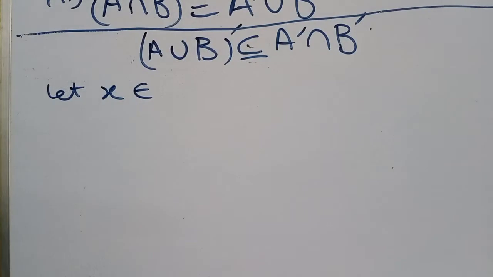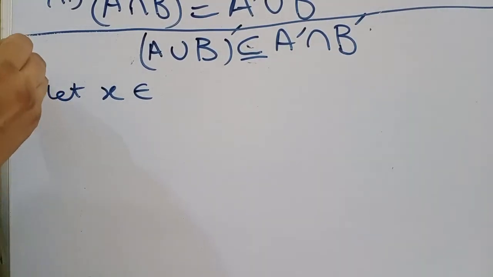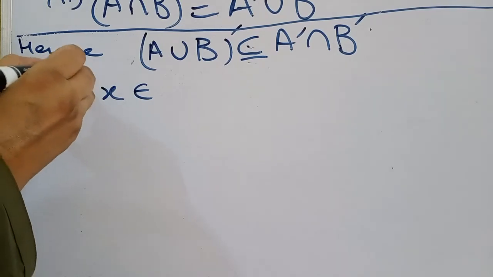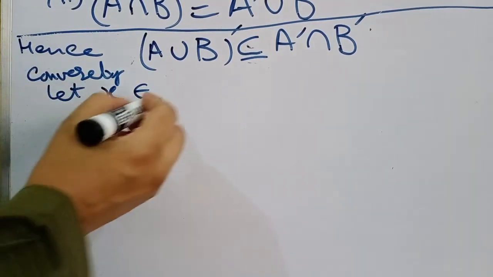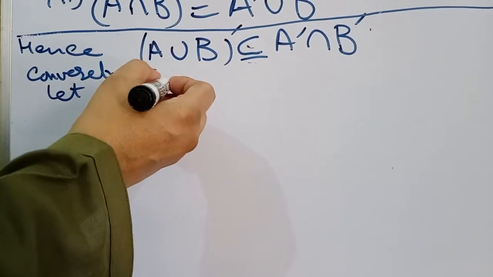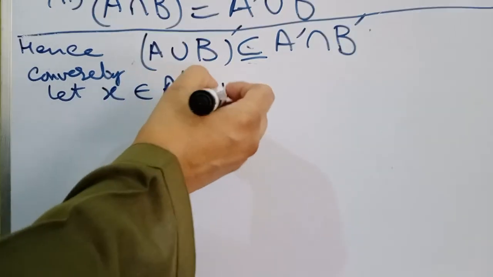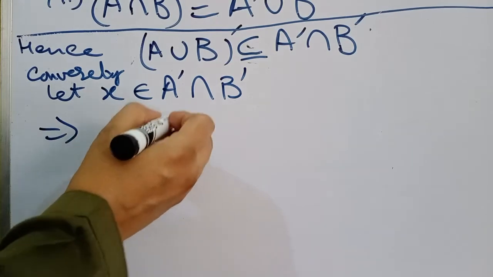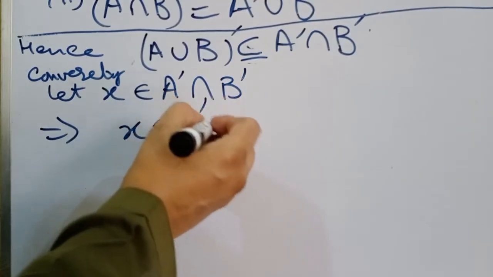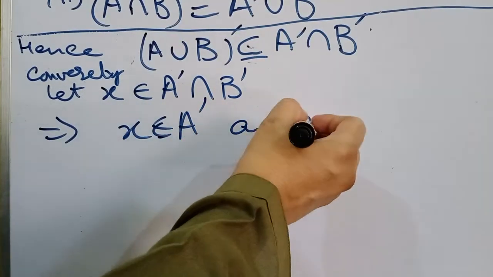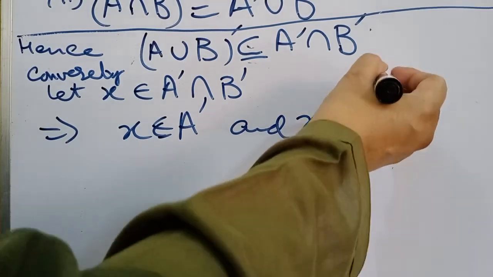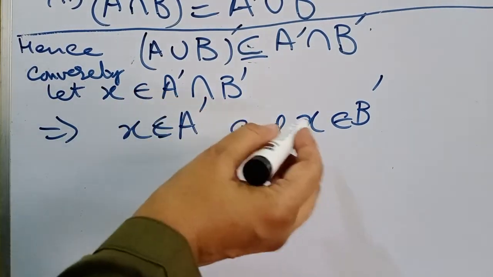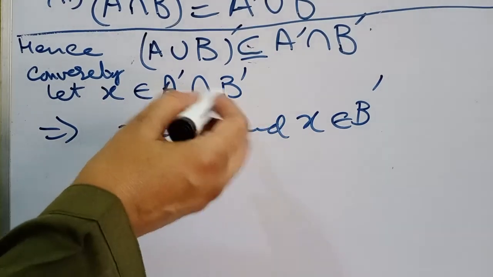Conversely, let x belong to A complement intersection B complement. This implies x belongs to A complement and x belongs to B complement, because intersection means the common elements of both sets.